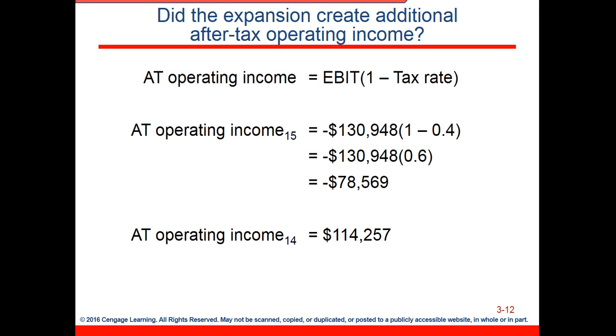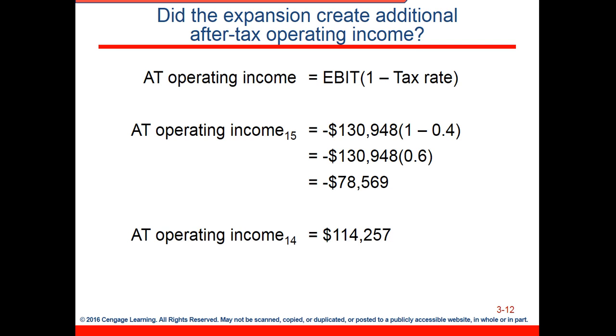The question is, did the expansion create additional after-tax operating income? The operating income at the beginning was minus 130,000. There is a tax shield for the loss, so the net operating income after taxes turns out to be negative $78,000.